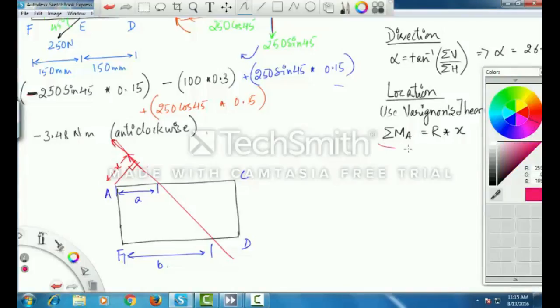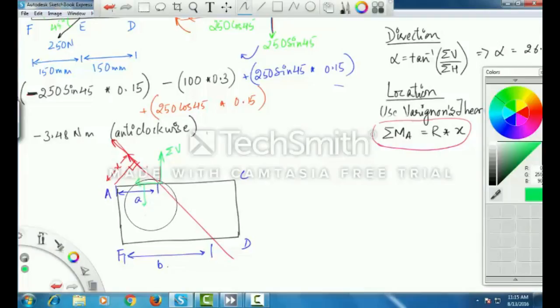I'm going to resolve the forces because that is easier. The summation of all the moments is equal to the moment of the resultant. So I don't need X, I need A and B. I'm going to resolve the resultant force into components. So this is how it's going to be.